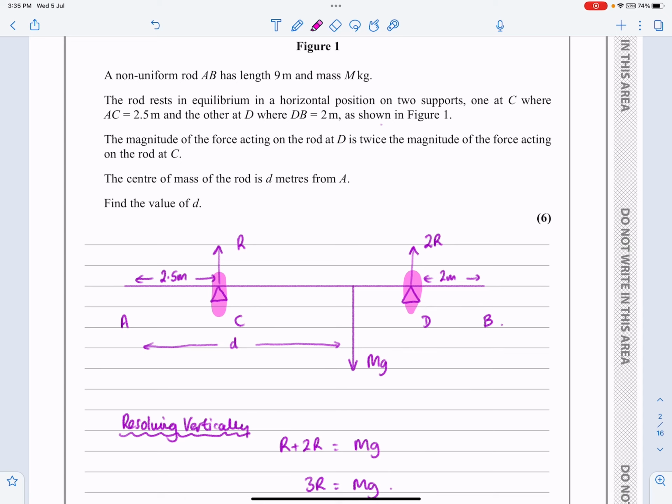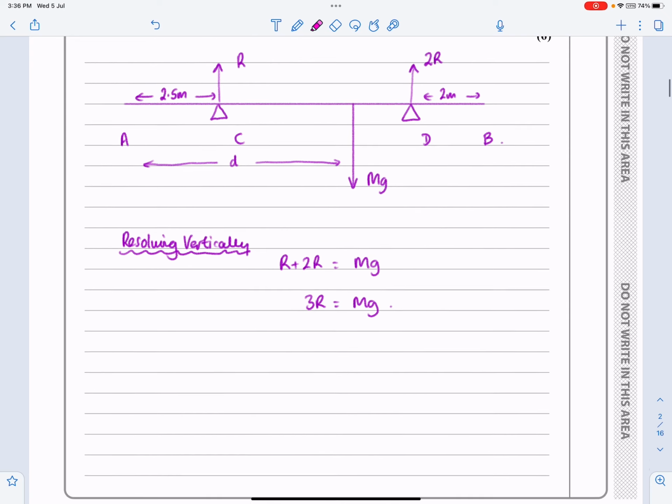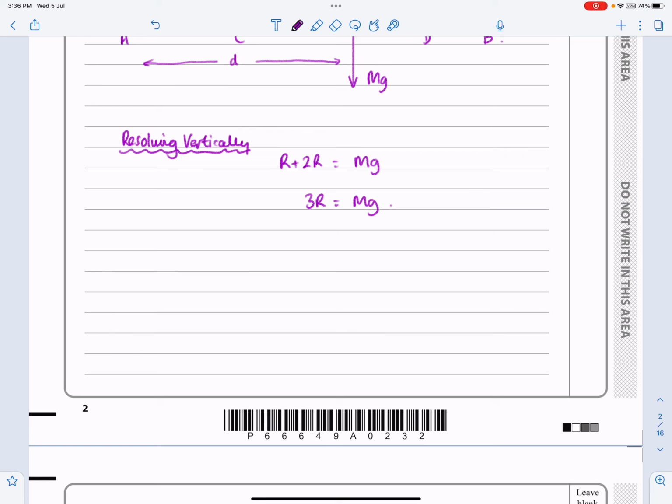I'm still going to have the same number of variables, so in order to simplify this, it makes most sense for me to take moments about A. You can take moments about other things, but that's my rationale. I've got to explain it to the examiner: I'm choosing to take moments about A.